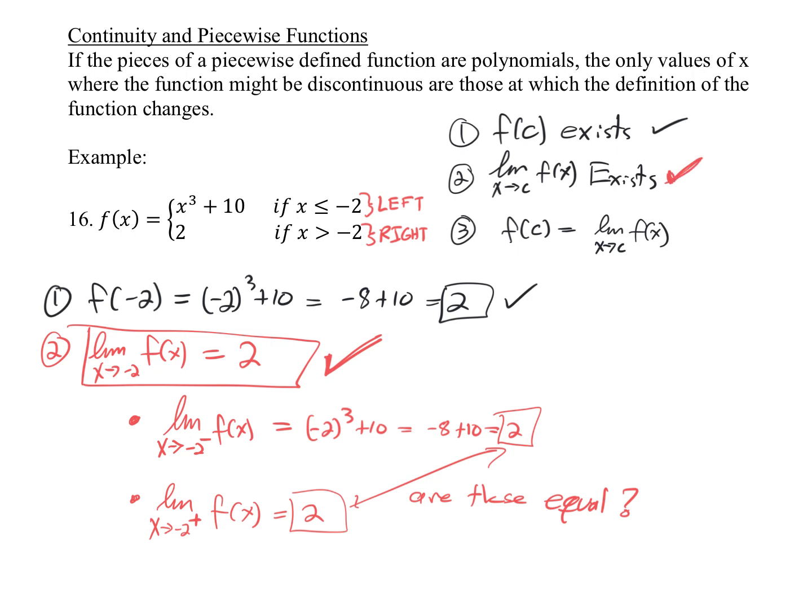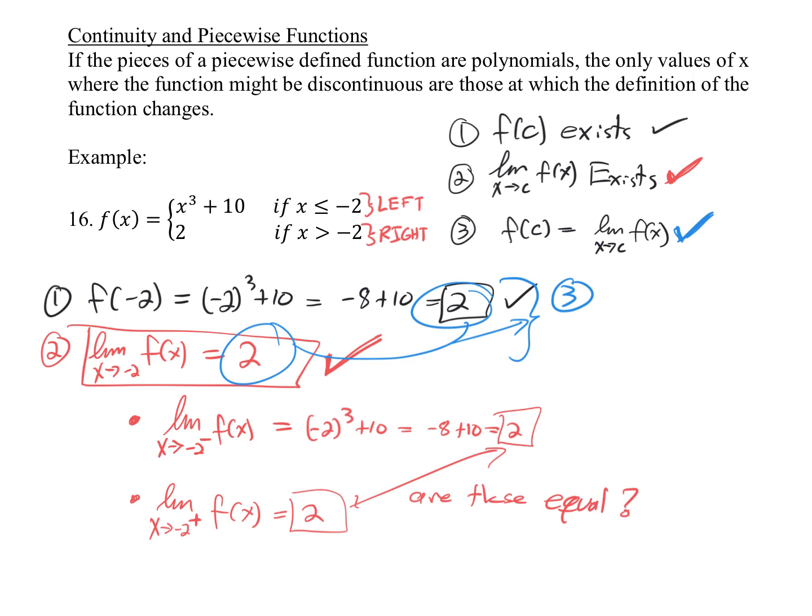Now, having done both of these things, part 1 and part 2, we are ready to say whether or not the function is continuous by checking off the last part of our definition. What we are going to do is look at these two numbers together, and we are asking for part 3, is f of c actually equal to the limit of the function as we approach c?